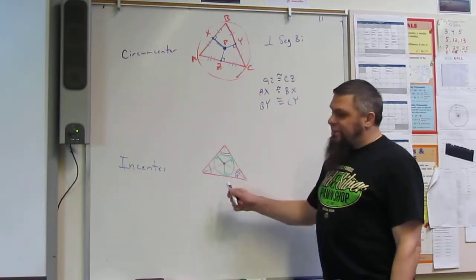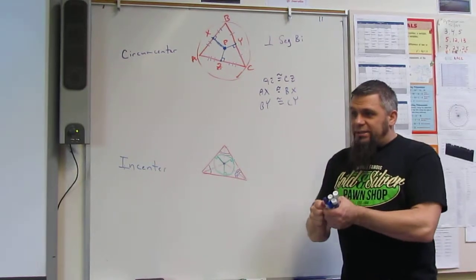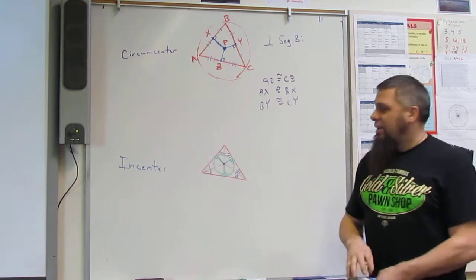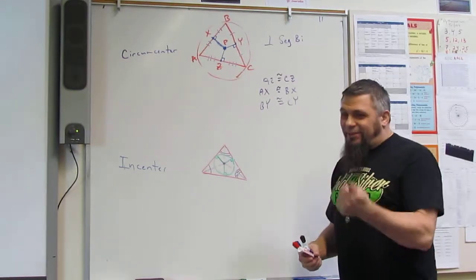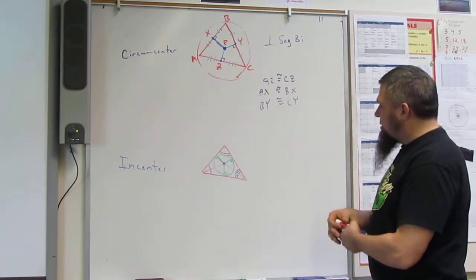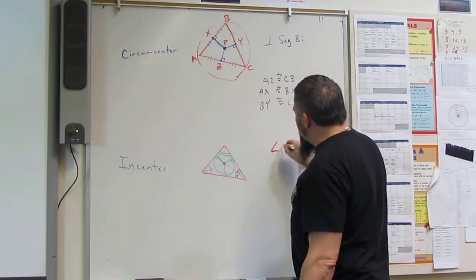Now with an incenter, it's a little bit different. An incenter always has the center inside the triangle. Okay? And we're using a little bit different scenario. To create an incenter, you're going to use what's called an angle bisector.